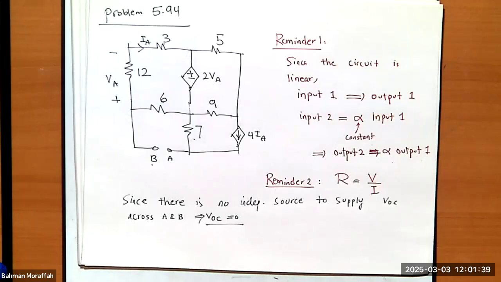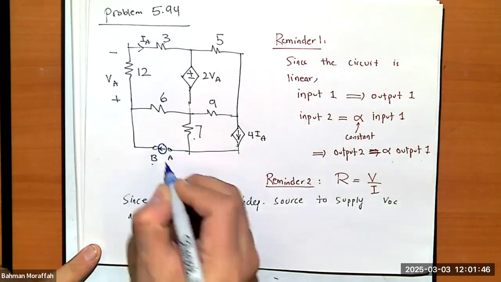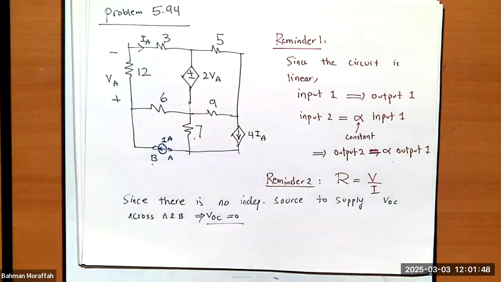So all I have to do is to stick a source, a mock source, let's just call that a 1 amp current source, right? And then try to find voltage across it.